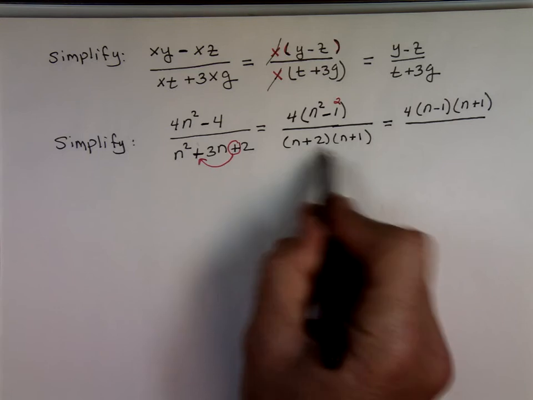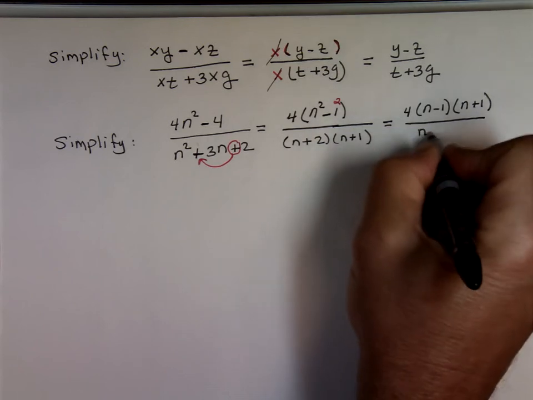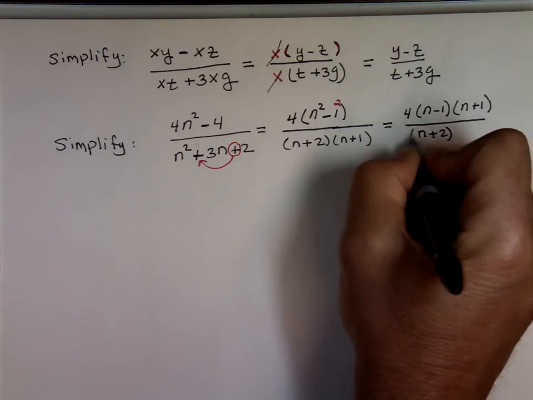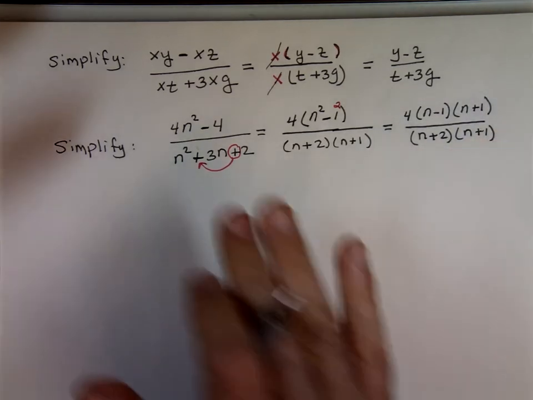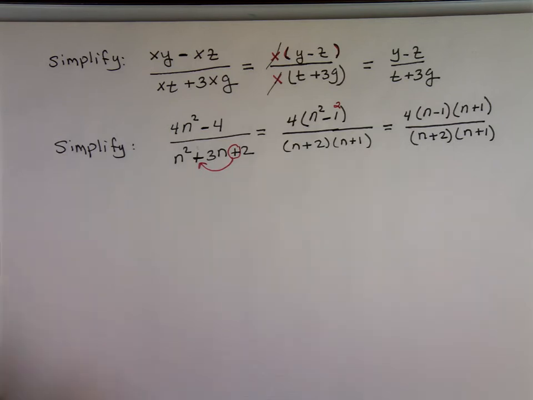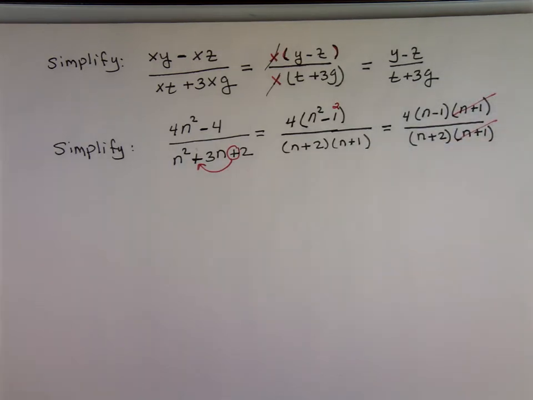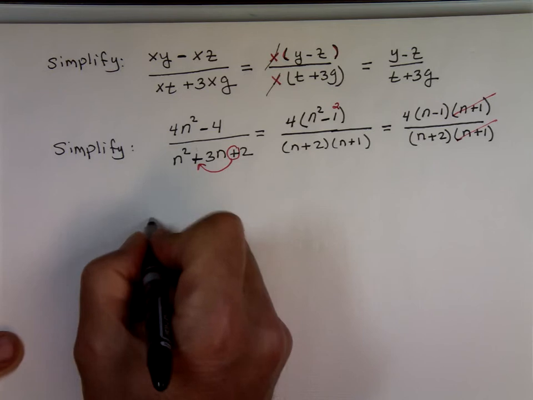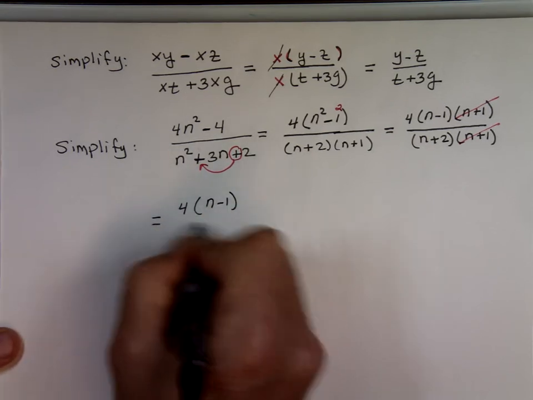That's the 3n in the middle that I need. So if I write that here, I'm assuming you know how to factor by now, so I didn't spend too much time factoring this. And notice n minus 1 will cancel that. So what's your answer? 4 times n minus 1 over n plus 2.